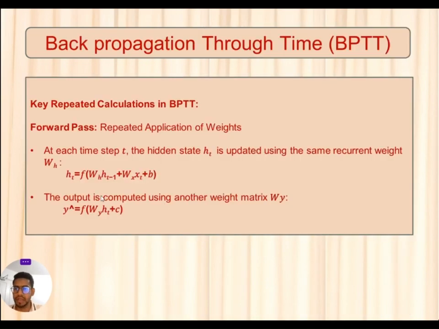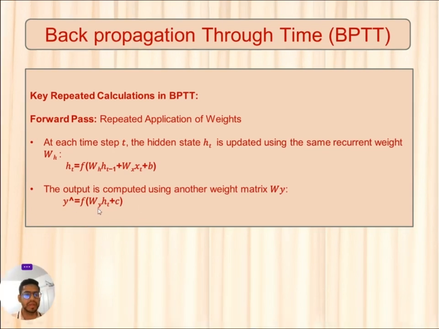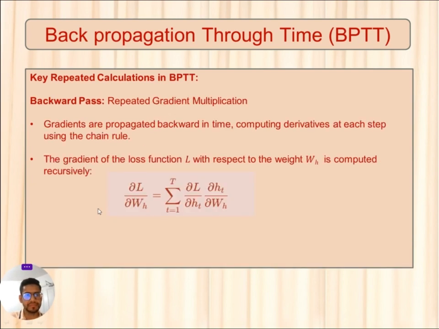This is the formula for the forward pass, where we can see there is a hidden state which is updated using the same recurrent weight WH. The output is the hidden state multiplied by the weight plus the bias, and through the activation function we get the output.